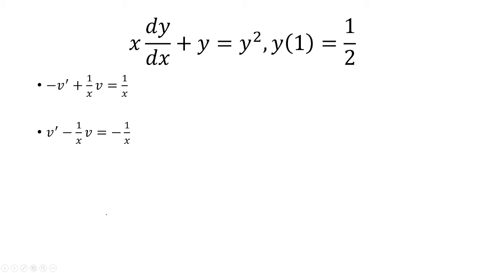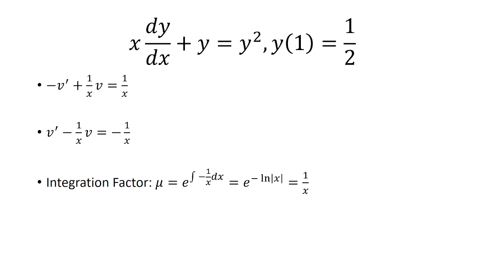So what I did was I multiplied both sides by negative 1, and now I want to figure out the integrating factor. We'll call that mu, which is e raised to the integral of negative 1 over x dx, which is just e to negative ln of x, which is 1 over x. And so this is what we're going to multiply both sides of this equation by.